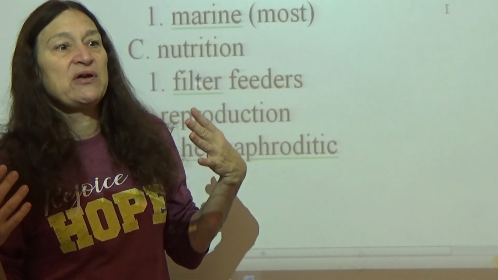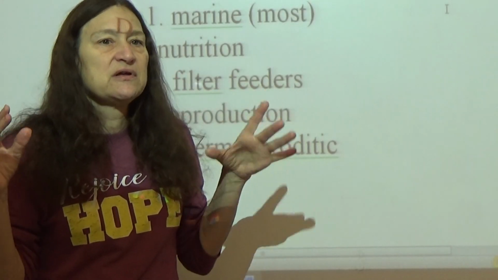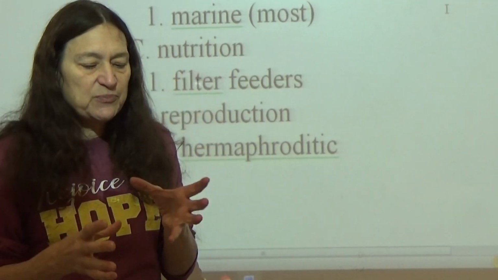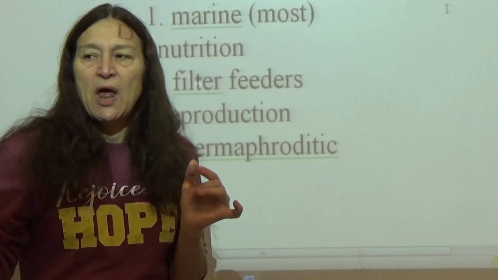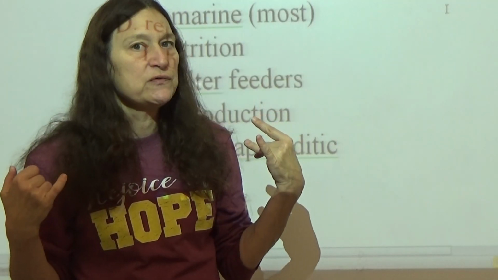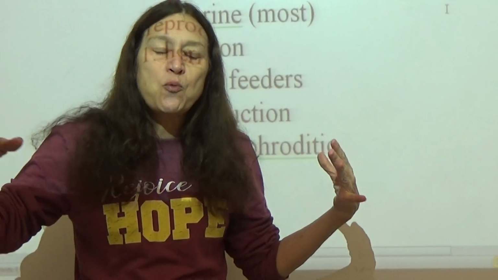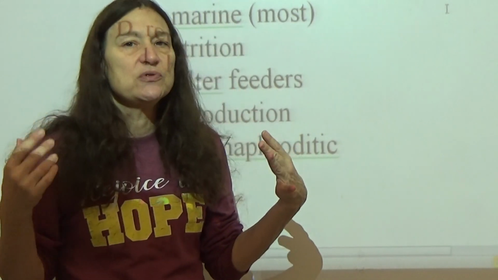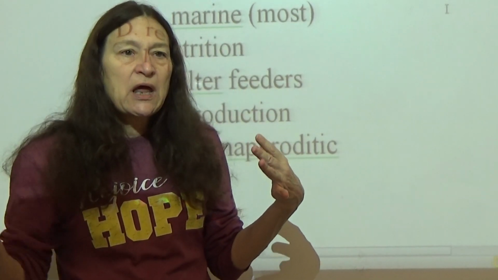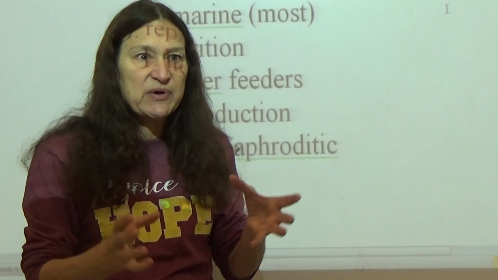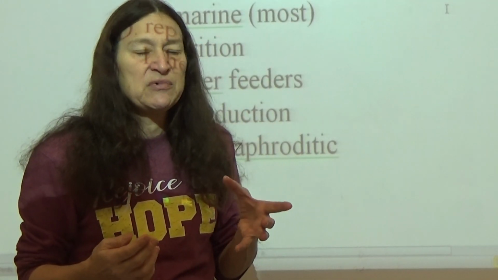All right, so without having a diagram, here's a little explanation of what happens. The sponge is sitting there, and it's covered in pores, those little holes. The pores allow water to flow into the sponge. And the water flows into the spongocoel, which is basically the inner cavity.